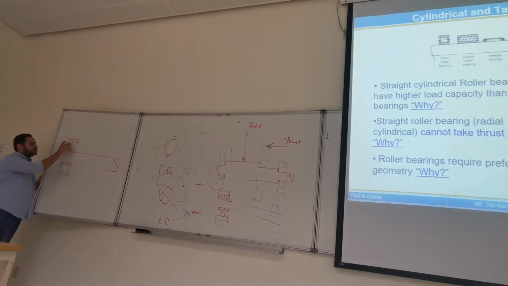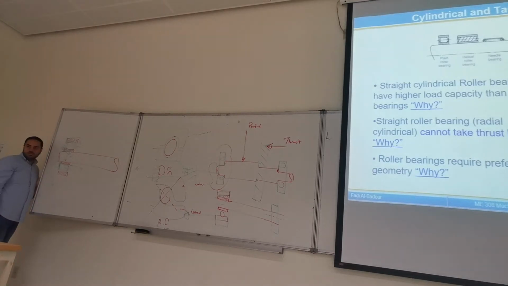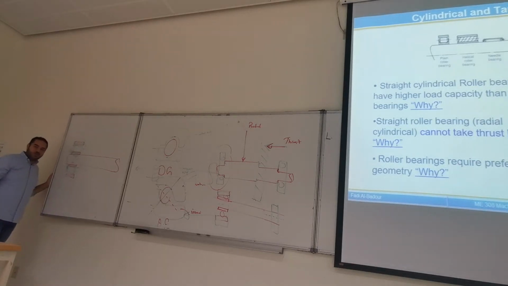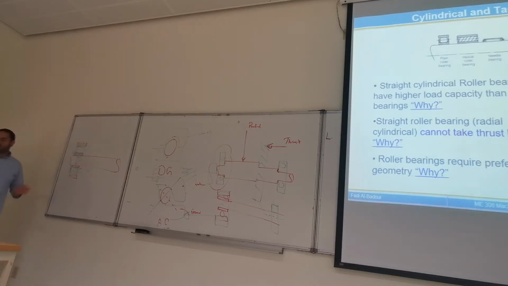No. The roller will be tilted, and this is the inner ring, and the outer ring remains straight. Here there will be penetration of the roller into the inner ring and outer ring, and more rubbing. Stress distribution is not uniform on the roller. All of these issues will result in reduced bearing life and quick failure of the bearing.